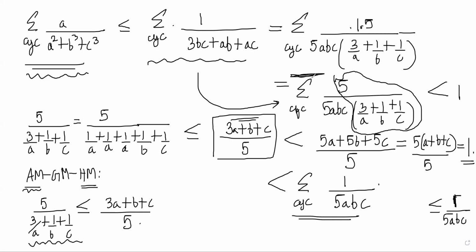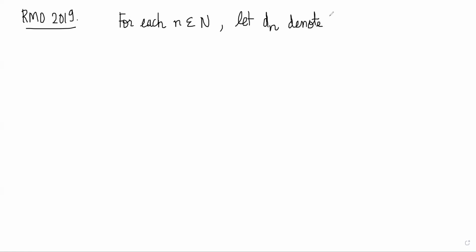This is a number theory problem, a pretty easy problem from RMO 2019. Let's look at it. For each n belonging to the natural numbers, let Dn denote the GCD of n and 2019 minus n.